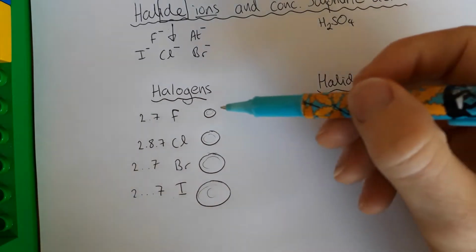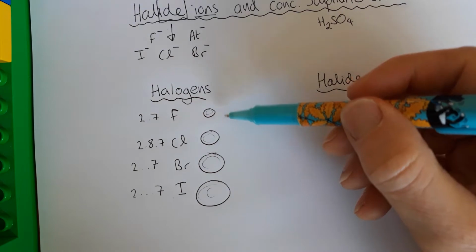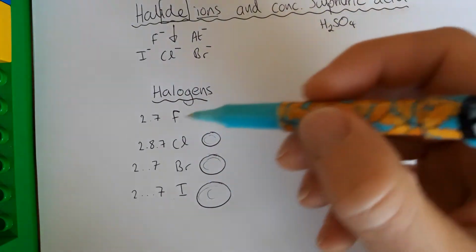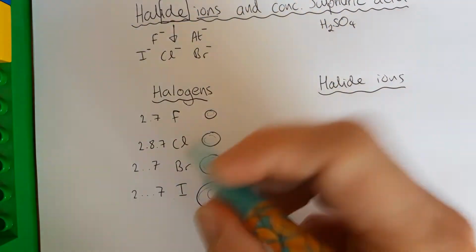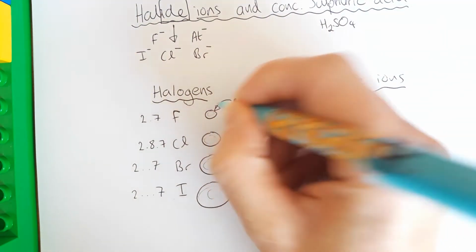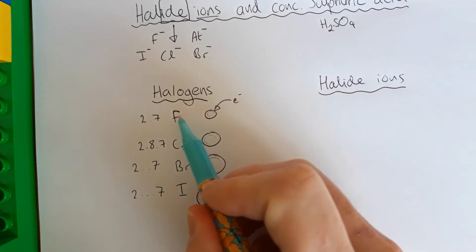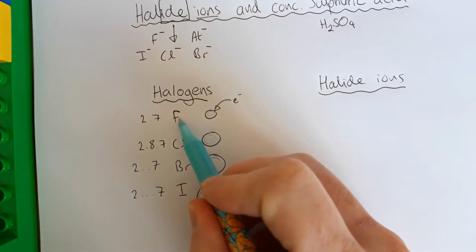So if you were to look at all of these 4 halogens, and I was to say which of these 4 is the best at gaining electrons, I hope you realise that fluorine is the best at gaining electrons. Why is fluorine the best?